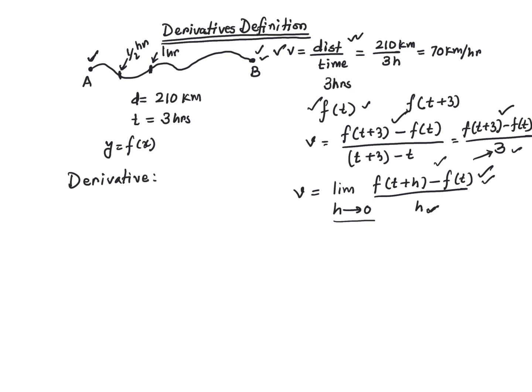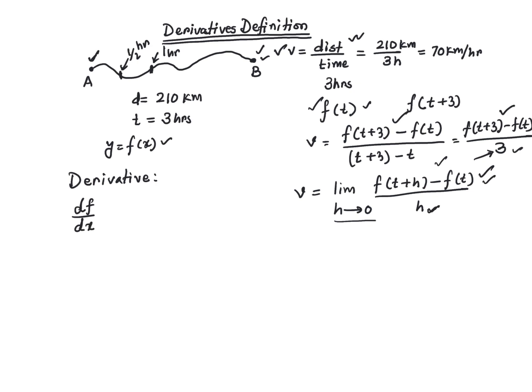And we define the derivative as follows. We write it in many different ways. One of the notations is df over dx, if f is a function of x. This is also written as f prime of x. These are the two most common notations.